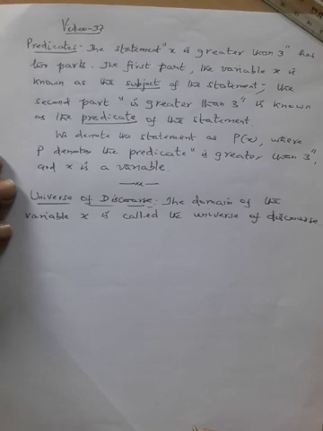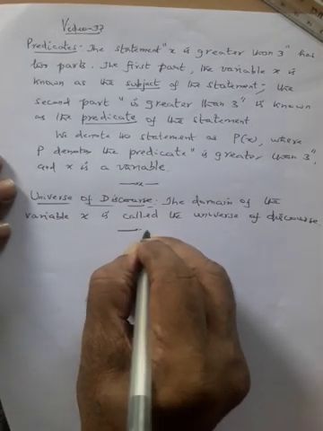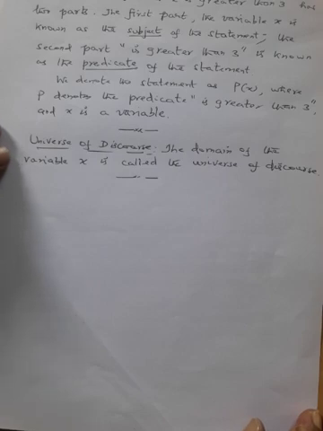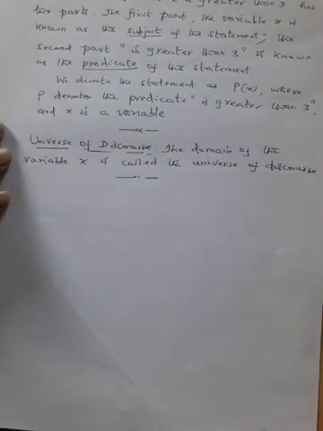Domain means the set over which x varies. Domain of the variable x, that is the set over which x varies, for example the set of all students, set of all animals, etc.